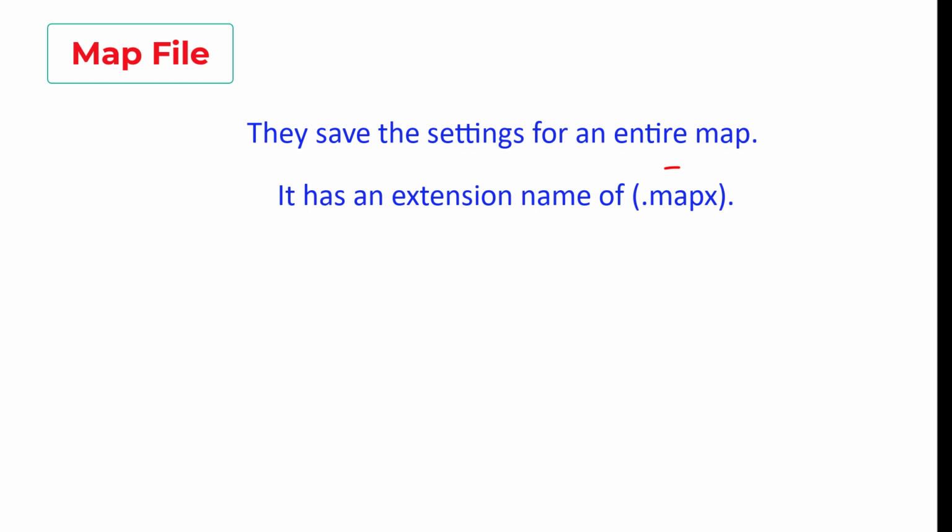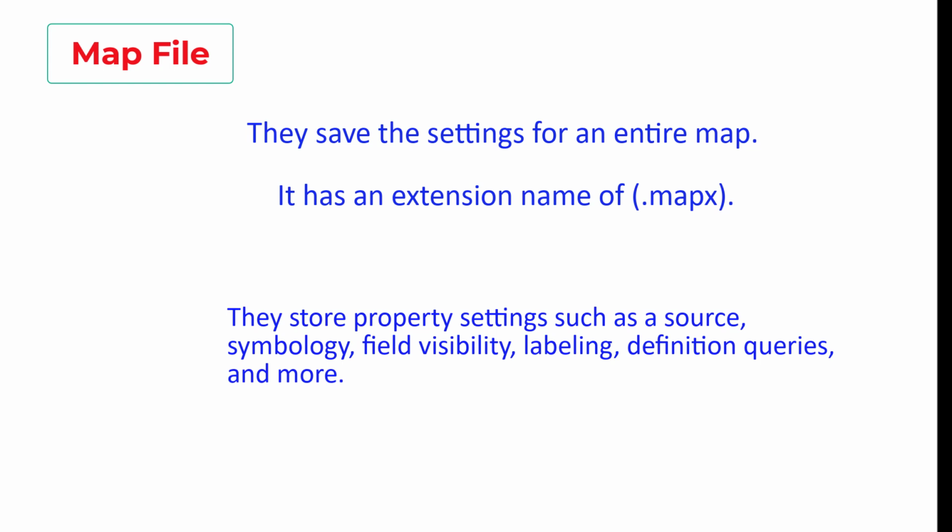It has an extension name of .mapx. So this stores all the property settings associated with the layers in a map, such as source, symbology, as we have said before, definition queries, field visibility, and so on and more.